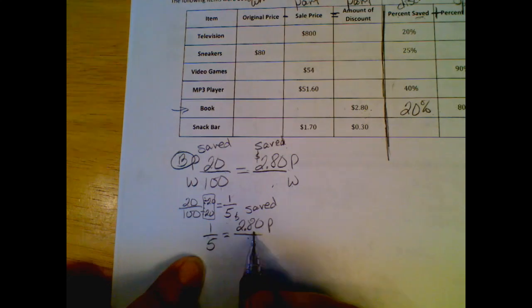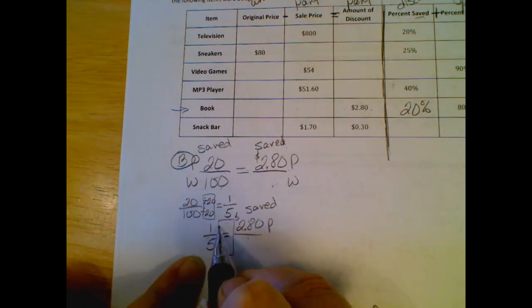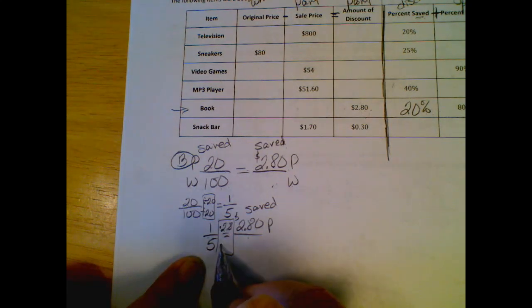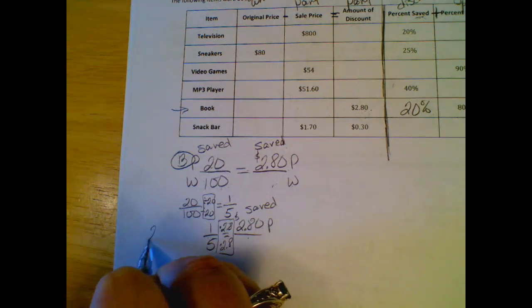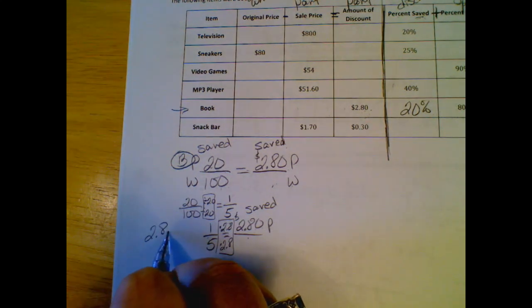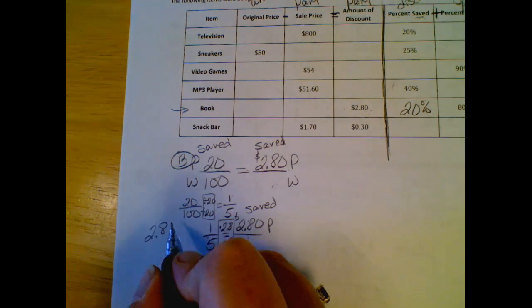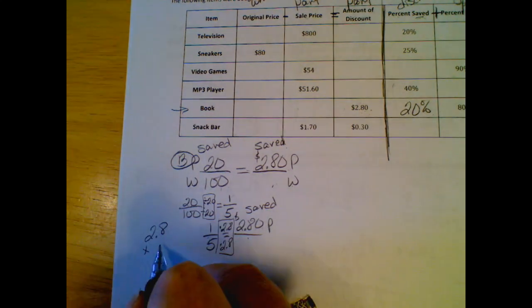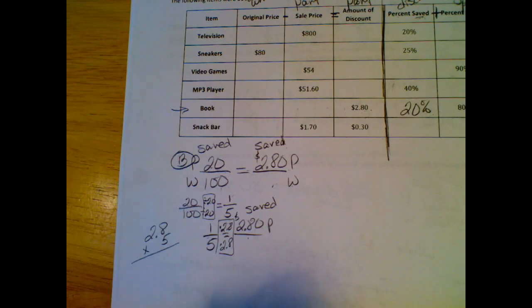So 1 times 280 equals 280. What I do to the top, now I'm going to do at the bottom. $2.80, I'm going to not put that 0 there because I don't need it, and it'll just make extra work for me.